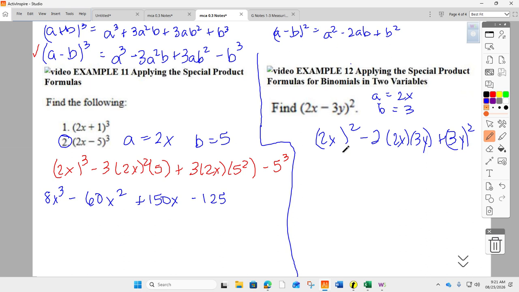It's always minus 2, but then it's times whatever A and B are, 2x and 3y. And the last term, the B squared. So it simplifies to 4x squared. Why can't I math? Minus 12xy plus 9y squared.